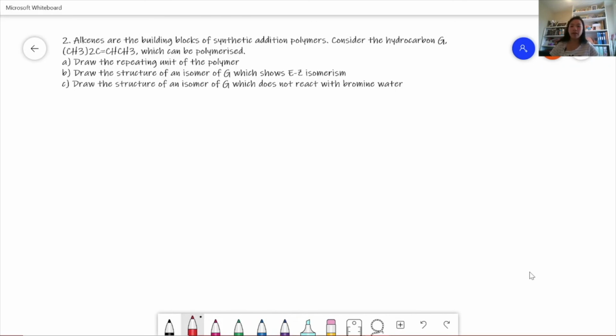So first let's draw out the alkene that we have. We have 2 carbons, and then we have a methyl group and another methyl group, and then a hydrogen and another methyl group.